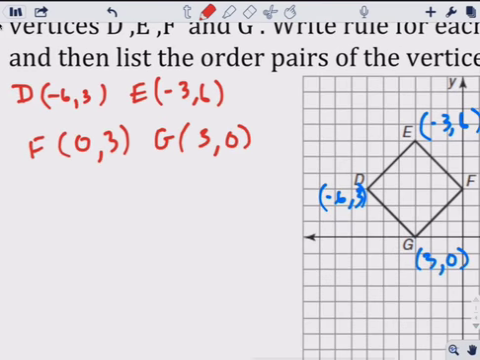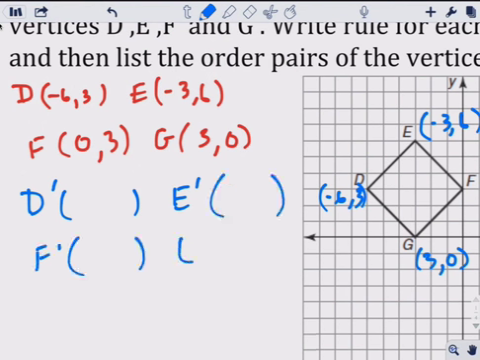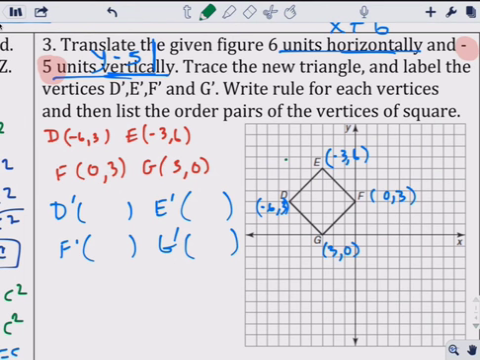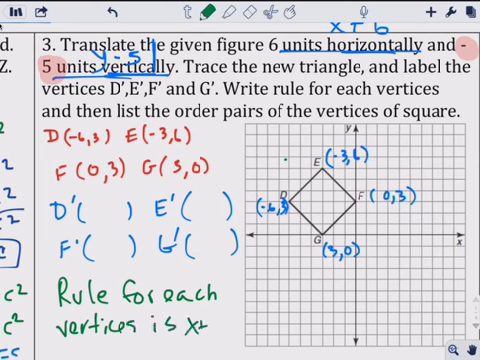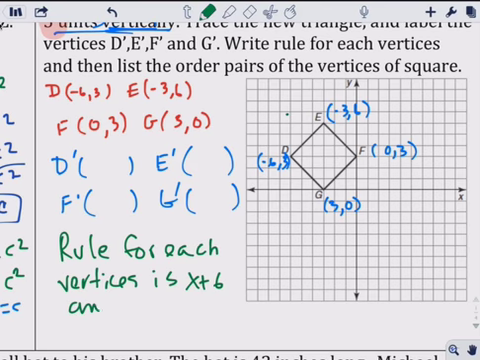And D prime, E prime, F prime, and G prime, we'll find that later, but the rule for each vertices is x plus 6 and y minus 5.